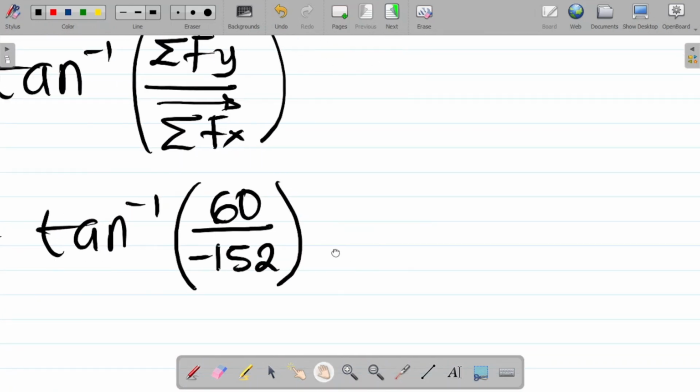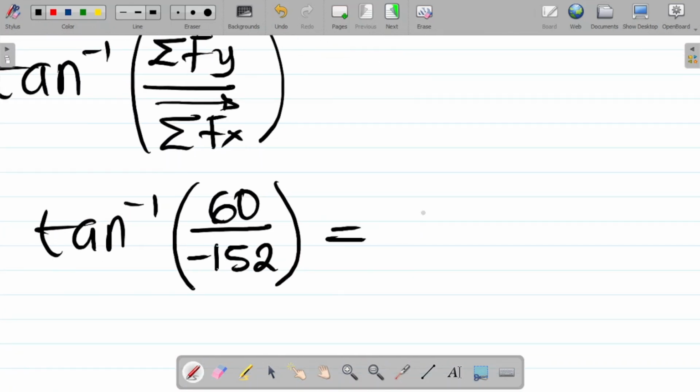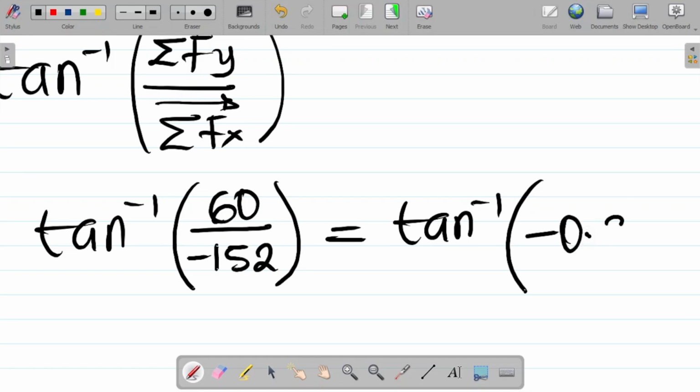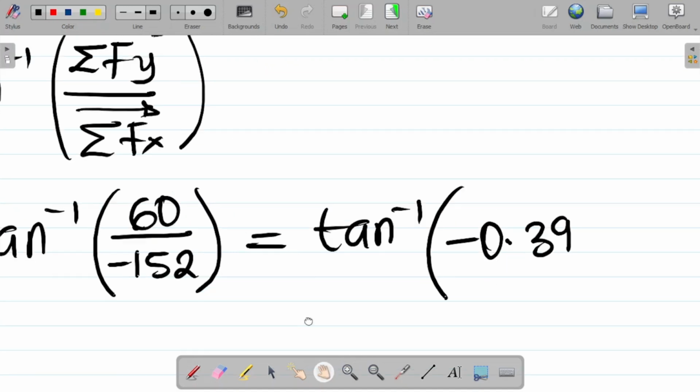Let's take the value here. This is equal to tan inverse of 60 divided by minus 152. What you have is minus 0.3947, using 4 decimal places.